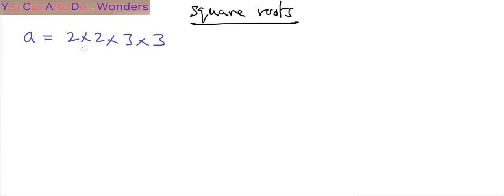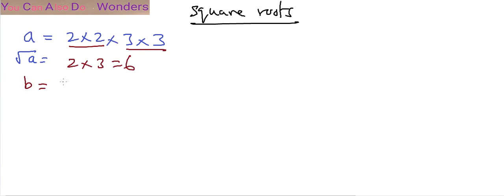Okay. So now the square root of a will be 2 into 3 equal to 6. Correct. Let's say another number b.